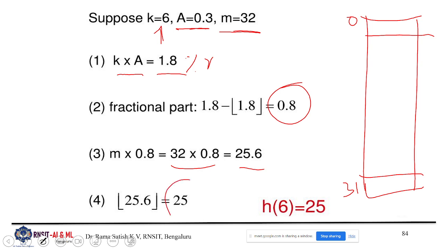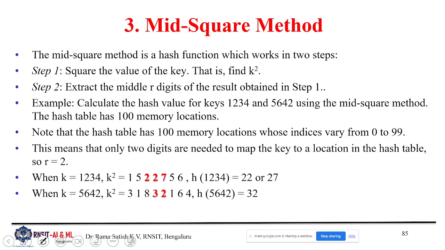So the rounded value, or only the integer value, is 25. So in the 25th location you are going to store the value 6. 6 is stored in the 25th location. This is how you calculate.